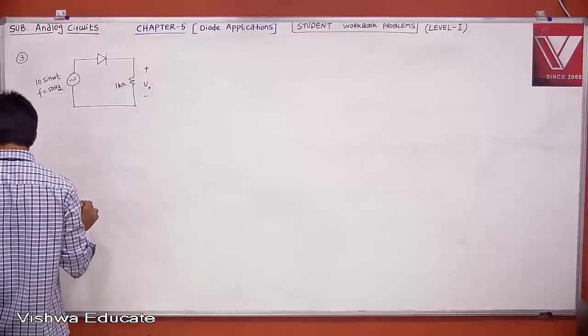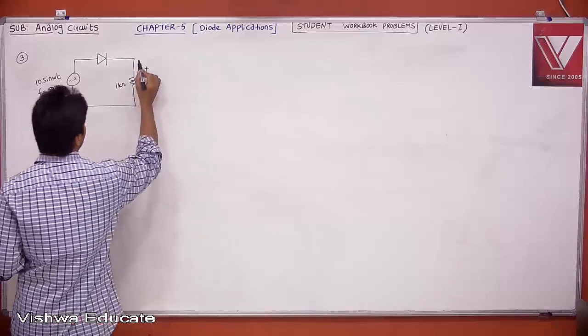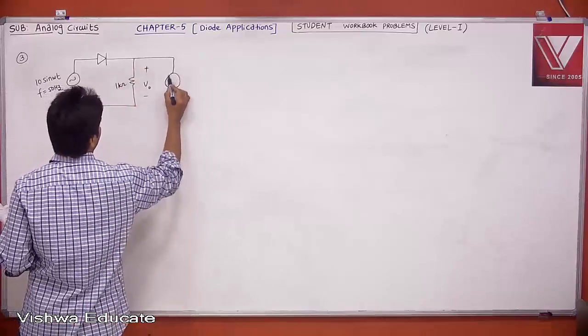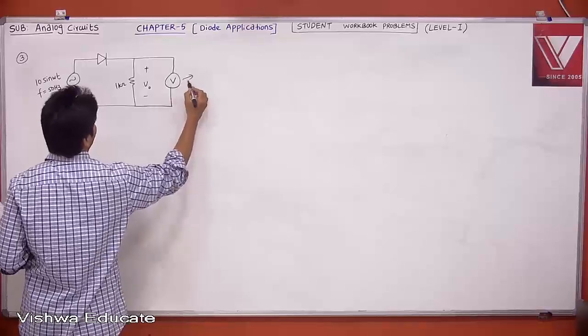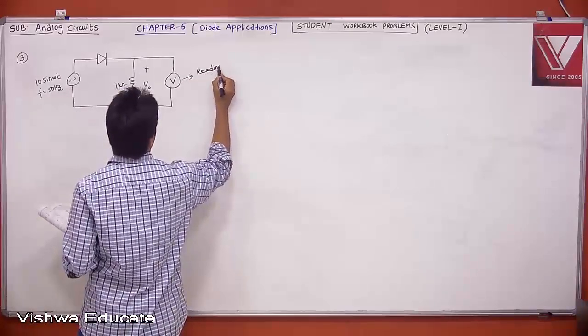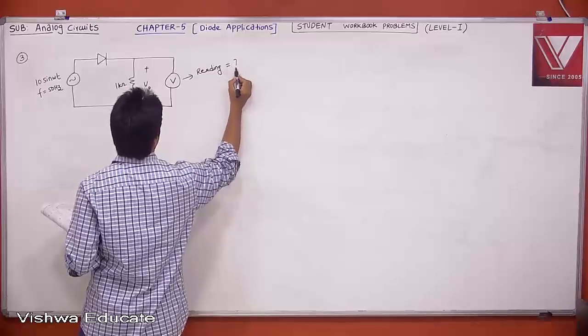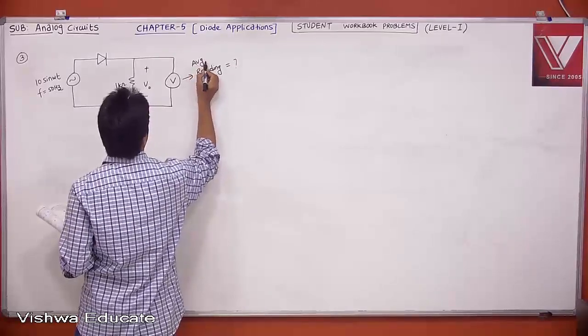This is an ideal diode. Now what is being asked is, when a voltmeter is connected, what is the reading? This is the average voltage reading.